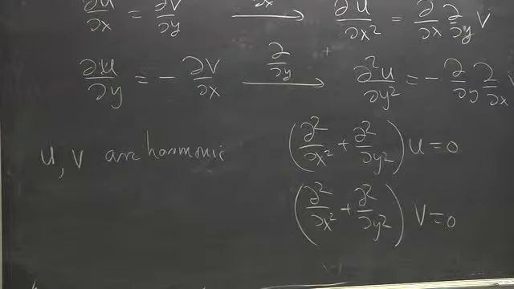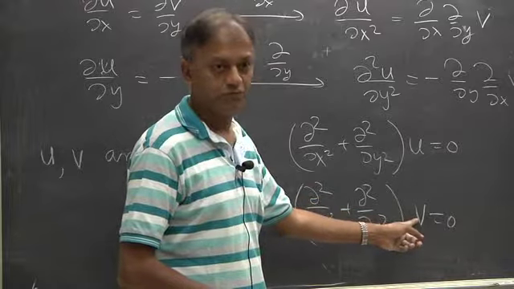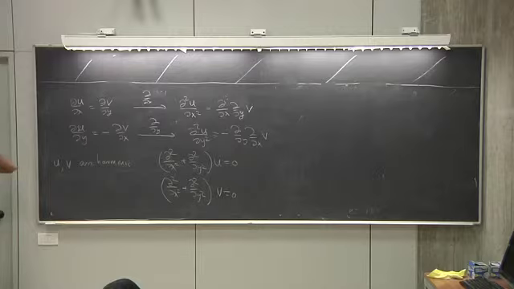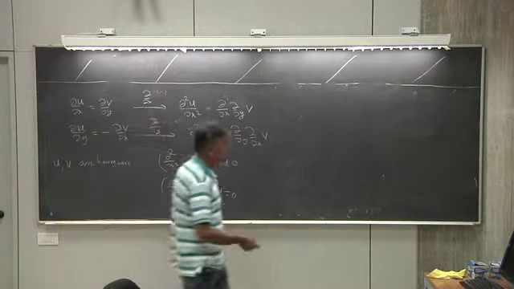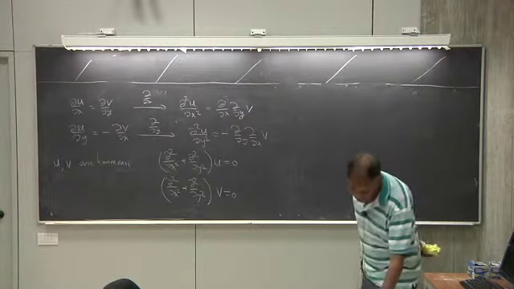We are saying that the real part and imaginary part of an analytic function must be harmonic functions, must satisfy the Laplace equation. But it's more than that. It's not just that you pick any arbitrary harmonic function here and any arbitrary harmonic function there, but there is a relation between these two via the Cauchy-Riemann conditions.